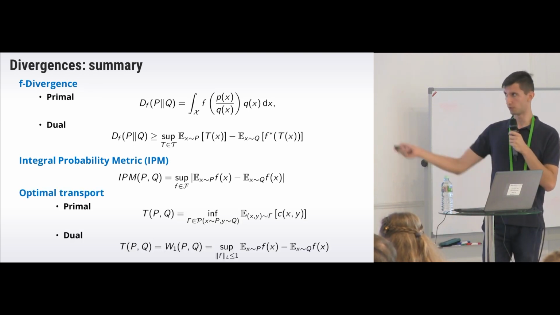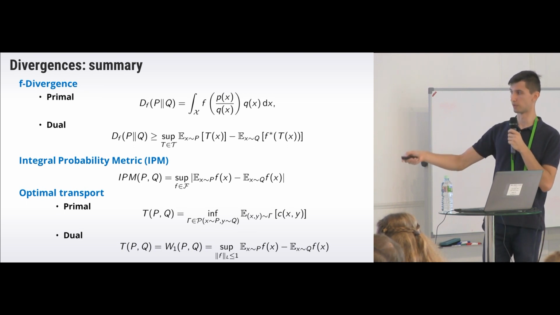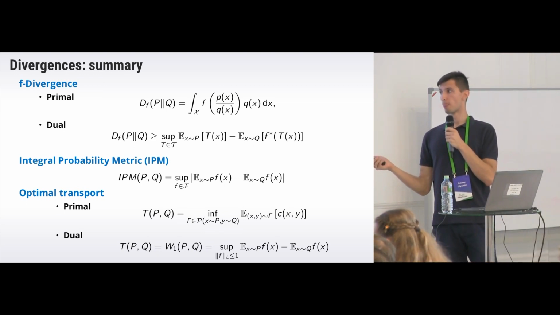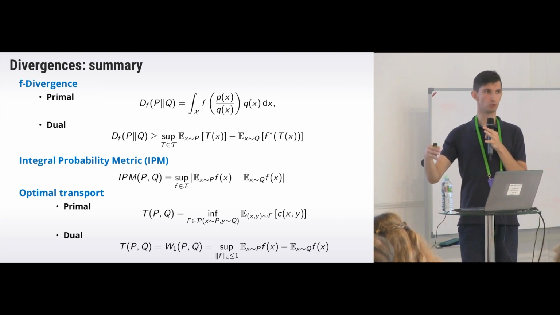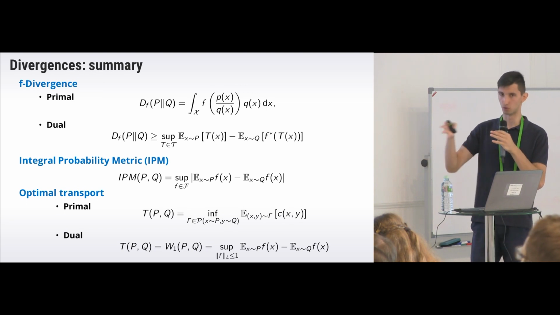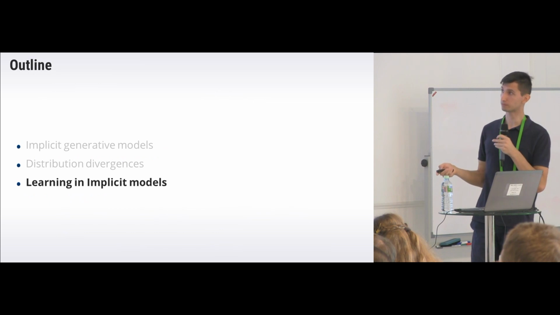And for optimal transport, again, we have a scary primal formulation, but we can reformulate it, and the dual is actually a special case of IPM. Okay, so now when we have several divergences and their duals defined, we can easily use those duals and plug them into our learning procedure.